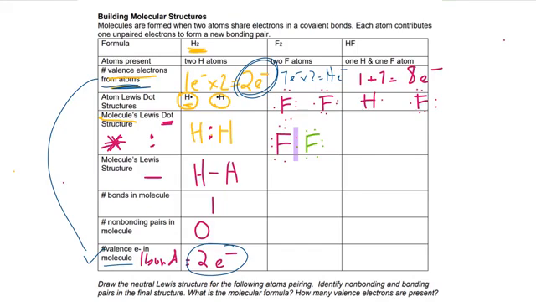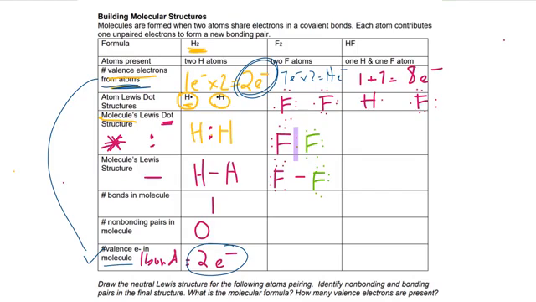So then we can draw our Lewis structure in the box underneath of it. Where it forms that bond, we're just going to show that with our dashed line and with our lone pair electrons around each one: 1, 2, 3, 4, 5, 6.